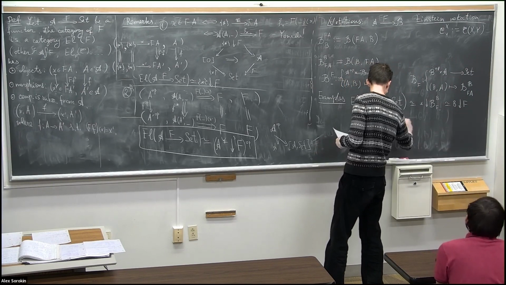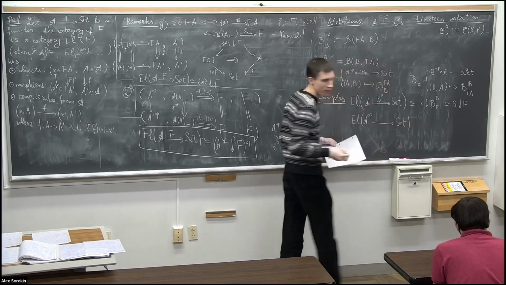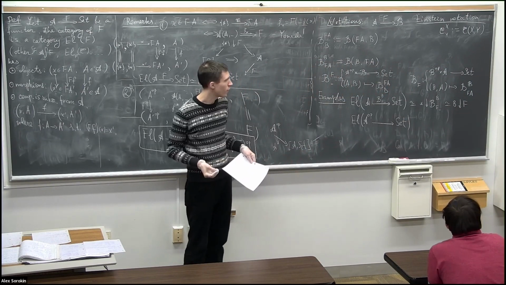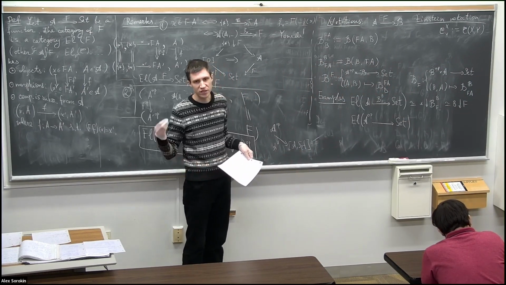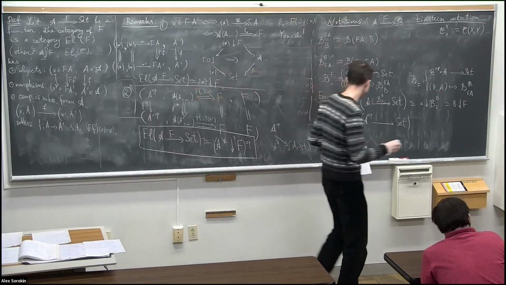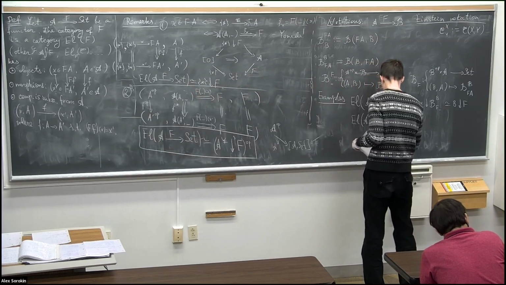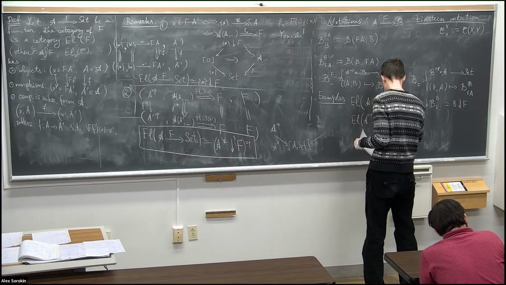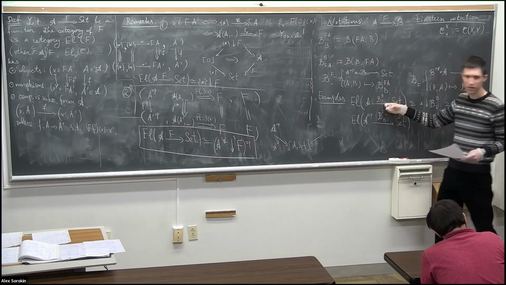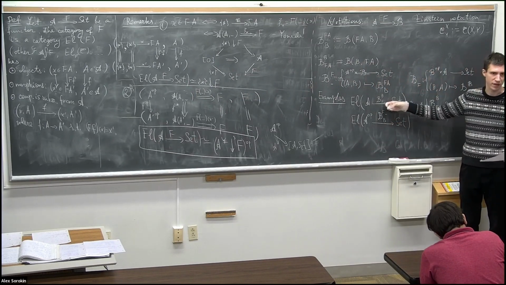So I'm fixing in my bifunctor one of the variables, the one that is not twisted. And the one that's missing, I'm putting there blank. So where it looks for it.